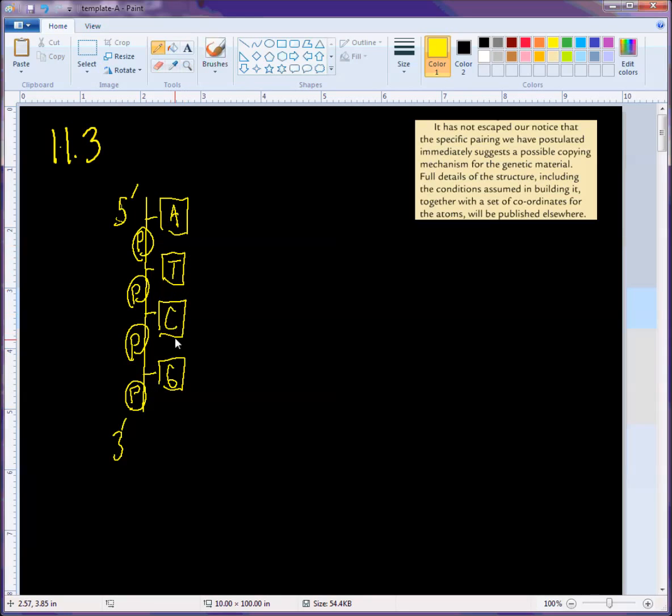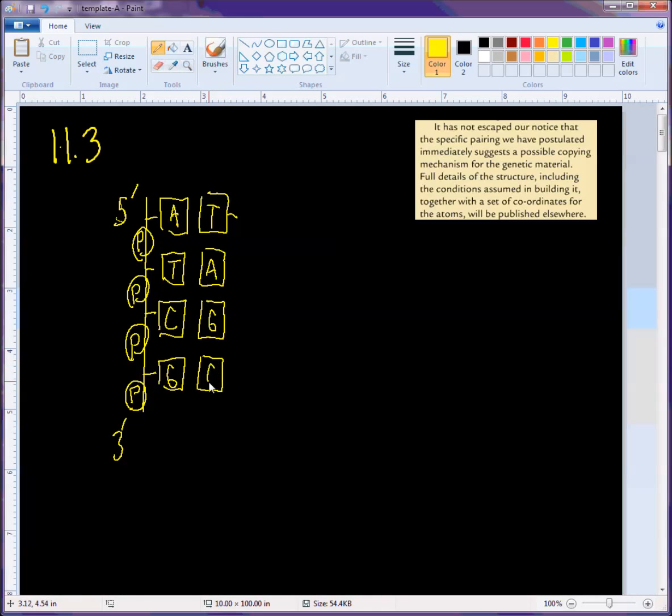So this is one strand of DNA, and Watson and Crick's model indicated that there'd be a second strand, and that strand would be complementary and anti-parallel to the first strand.